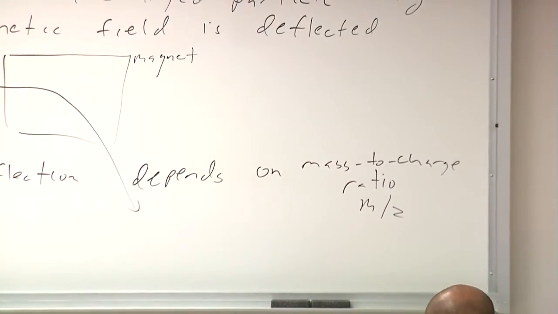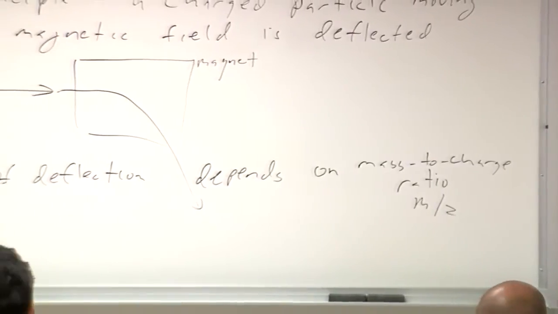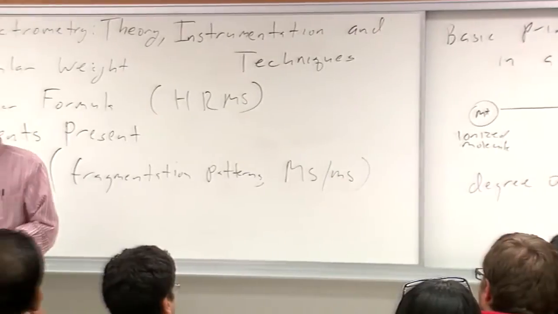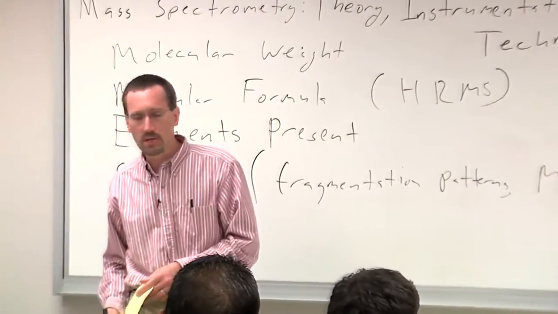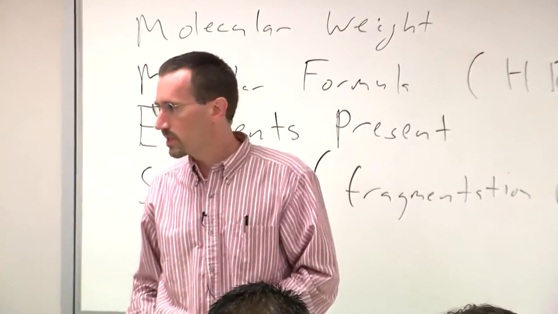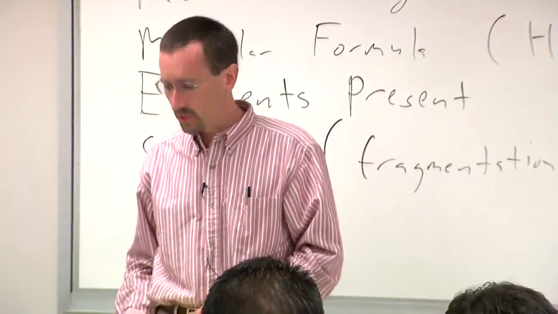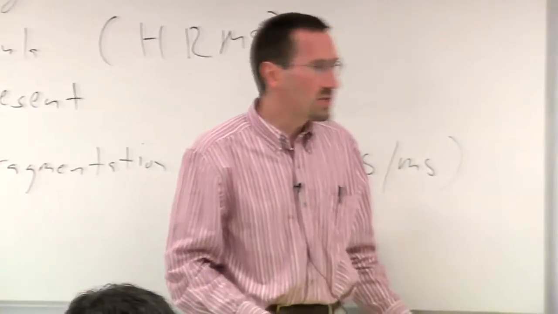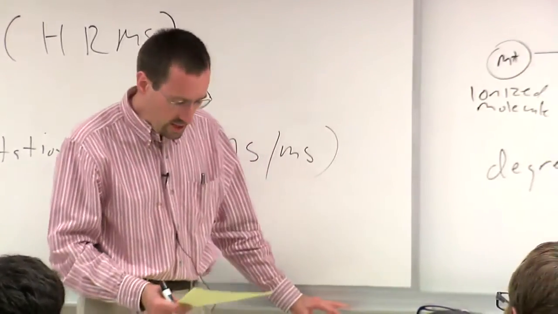This becomes particularly important when you're doing ESI, electrospray ionization mass spec, which we do a lot of here in the facility, and you do it on reasonably big molecules where many times you get more than one charge on a molecule. The degree of deflection depends on the mass to charge ratio.